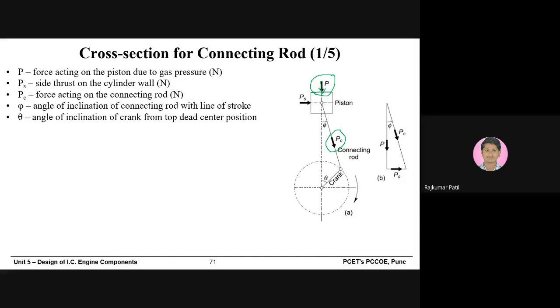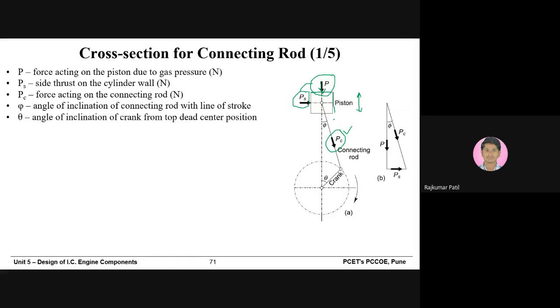And at the same time we know that the piston is reciprocating inside the cylinder. So during reciprocating motion, there is a rubbing between piston surface and the cylinder wall. And because of that, there is a side thrust acting on the cylinder wall. So these are two forces, side thrust and force due to gas pressure, which result in PC, that is the force acting on the connecting rod.